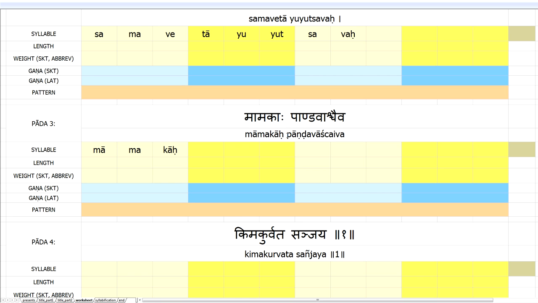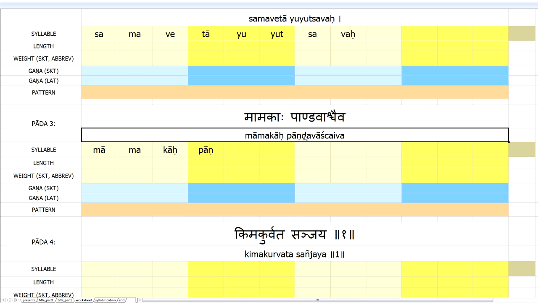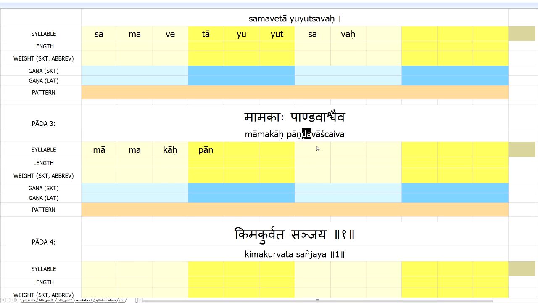And here we have two consonants in a row, so the n goes to the left and teams up with pa. And then we have da only, because the v will go to the right since it is a single consonant. We have vash, since we have two consonants in a row.